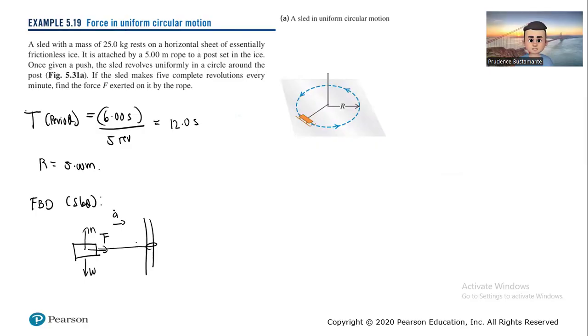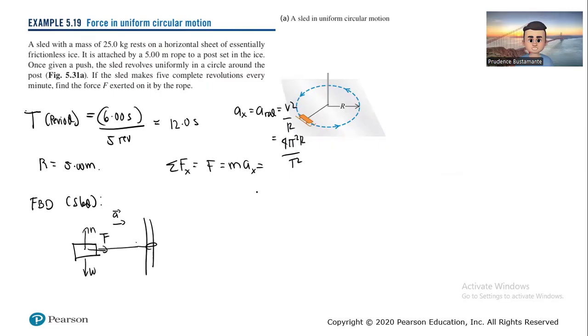From Newton's second law, F is equal to the mass times the acceleration along x, where x here is the radial direction, a rad, equal to v squared over r, or equal to 4 pi squared r over t squared.